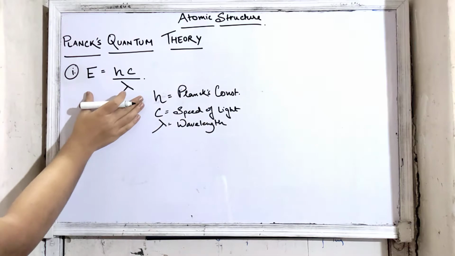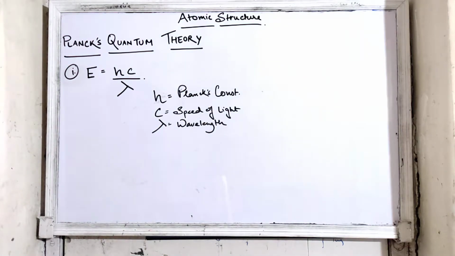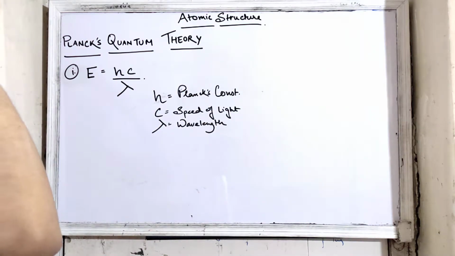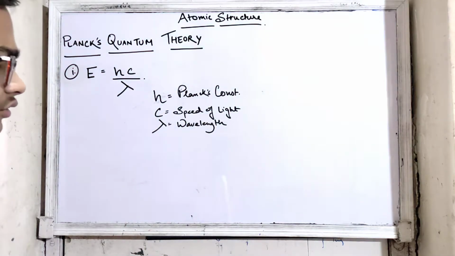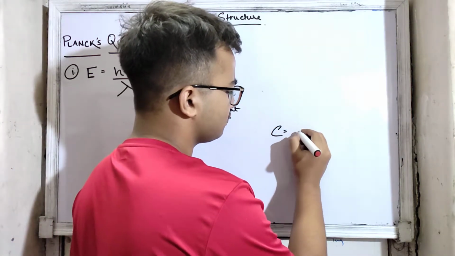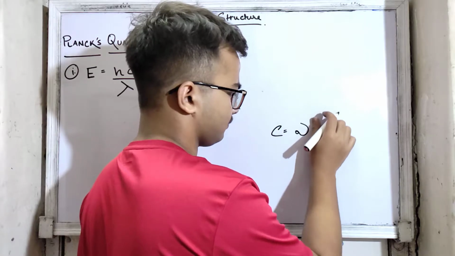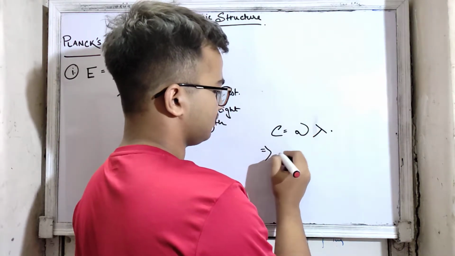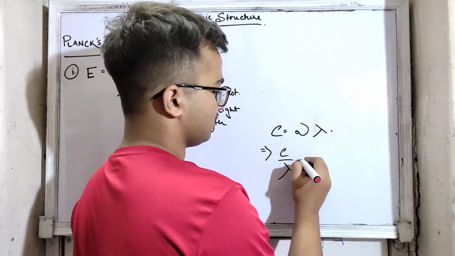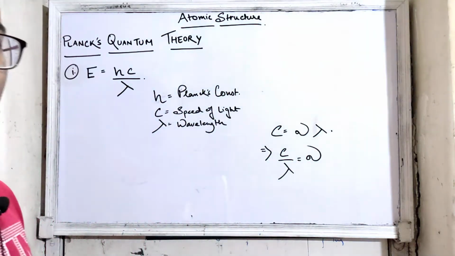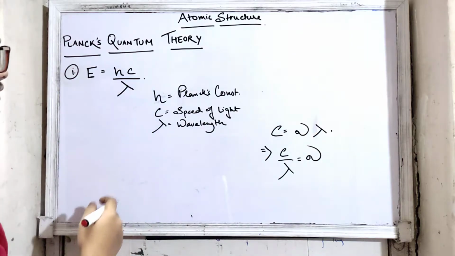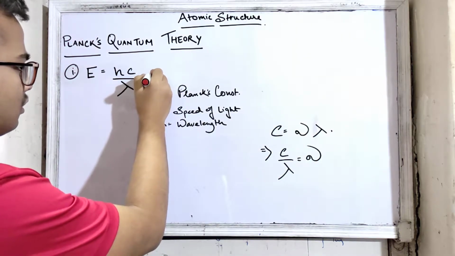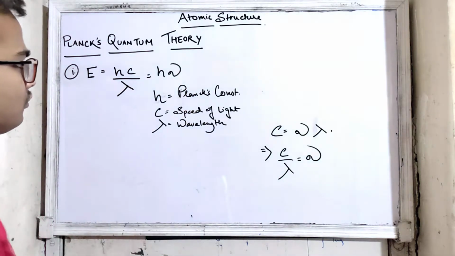Now see here, E equal to hc by lambda. Now this c by lambda, we know c equal to nu lambda, right? That means c by lambda equal to nu. So we can write here equal to h nu.